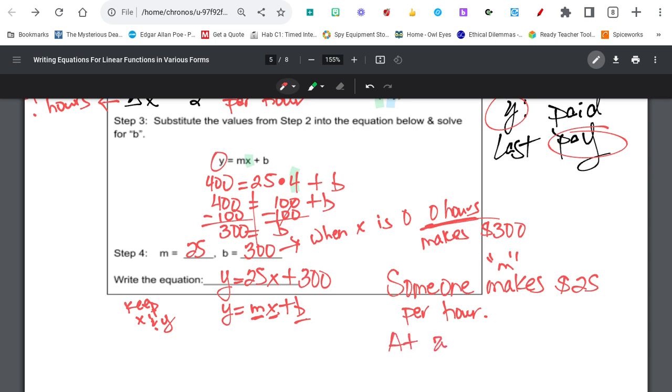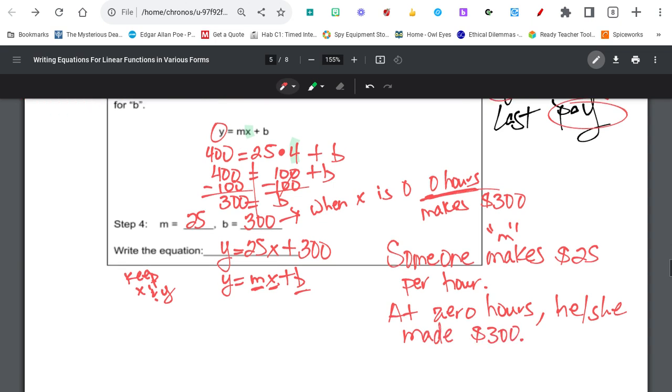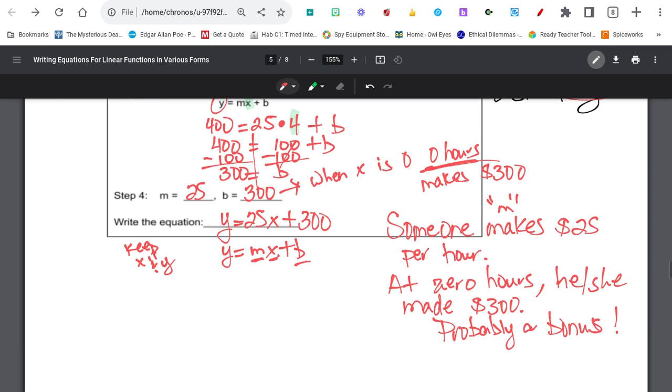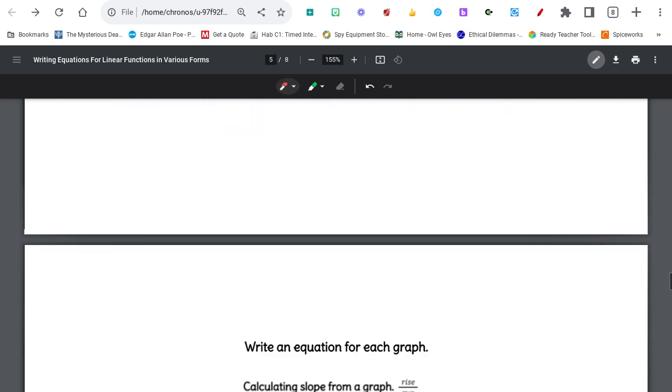And then at 0 hours, he or she made $300. And I'm just going to put probably a bonus. You know, it might be something like a Christmas bonus. Okay, well, everybody gets it. Hope that makes sense, guys.